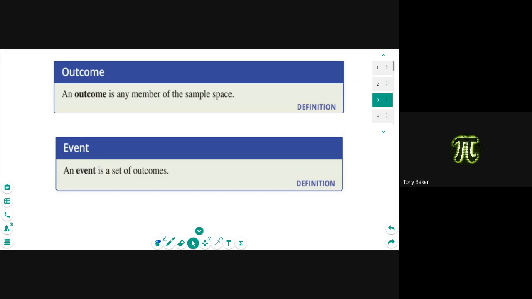Okay. For anybody who plays other games that have multiple-sided dies, we're going to assume a die has 6 sides, unless I tell you it's another sided die. So the sample space would be 1, 2, 3, 4, 5, 6. An outcome would be 2. Like it's just one of those possibilities. An event could be all the even numbers. So an event could be 2, 4, 6. So it's a subset of that sample space.